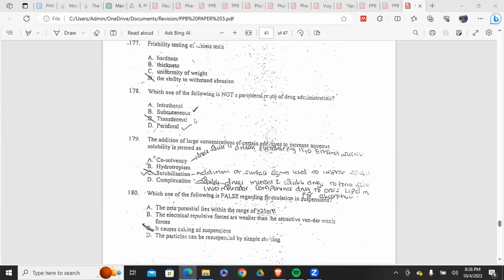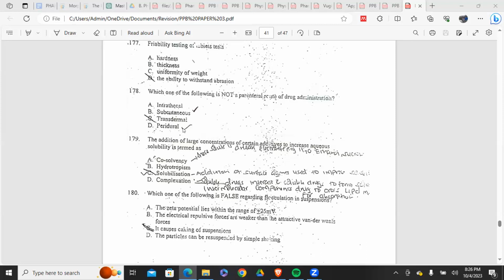Nimeona wanasema it's part of the parenteral injections. Kuna peridural bro. Sijasikia, mimi najua epidural.